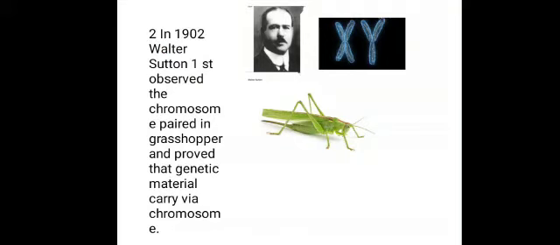The scientists Walter and Sutton observed the chromosome pair. Now we learn what is meant by the chromosome. The chromosome is also the part in which the hereditary characters are situated, those that are passed from one generation to another generation.